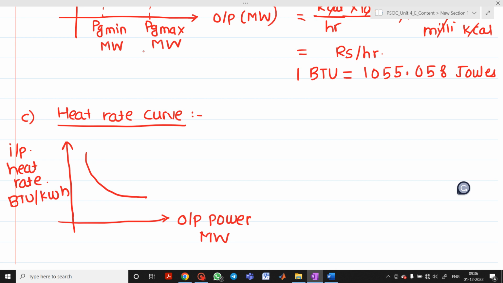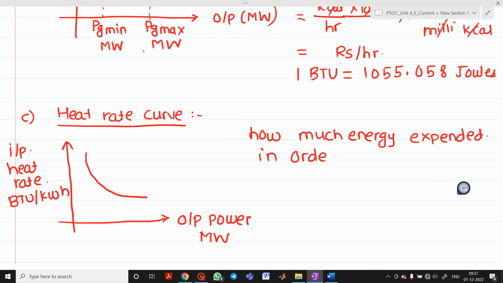So what is a heat rate curve? I can say simply, what is the meaning of this? How much energy is expended in order to obtain a unit of useful work.